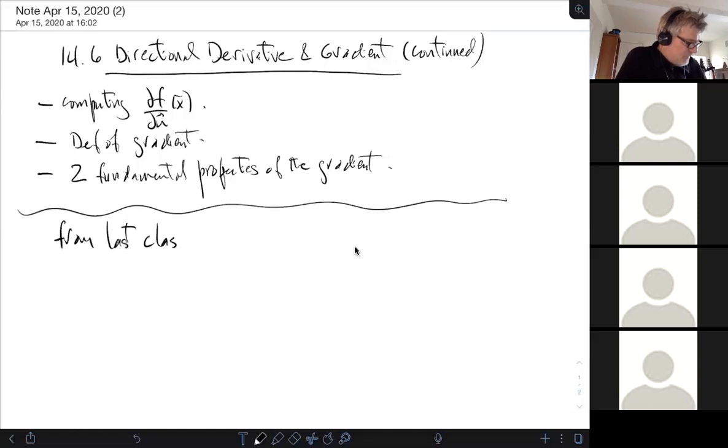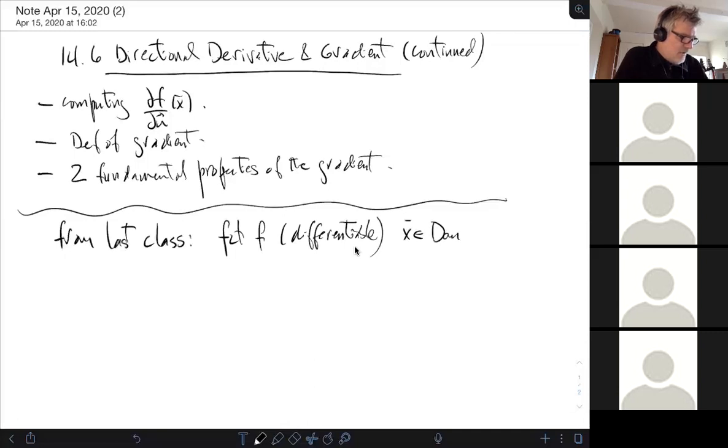Okay, so what did we see? Again, directional derivative: I have a function f, differentiable. We have a point x bar in the domain of f, and we have a unit vector u, which is the direction in which we want to take the derivative at the point x bar.